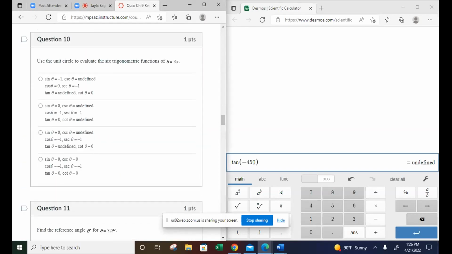Okay, so this one is the same. Maybe this time do sine of 3 pi. And you want to change your mode to radian this time.